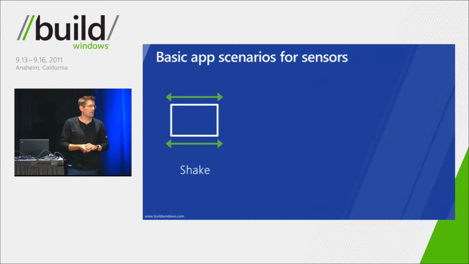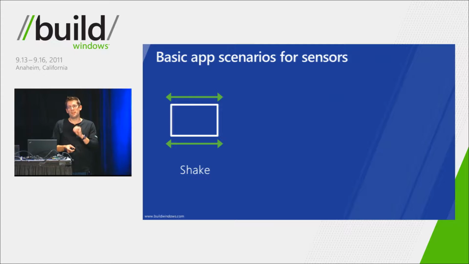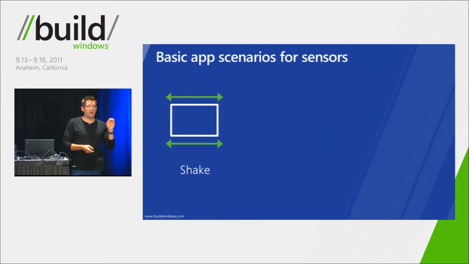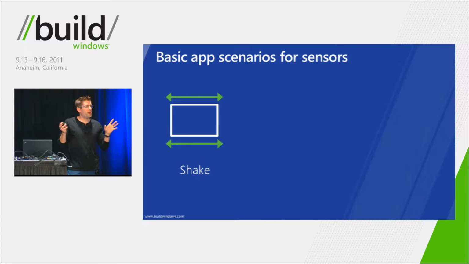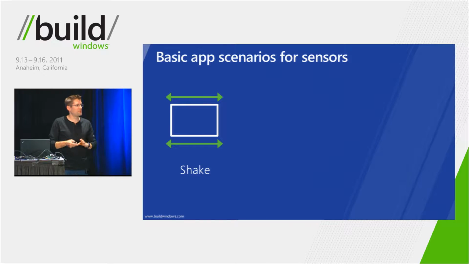The first one is shake. So the accelerometer object in the Windows Runtime supports this method called onShaken. Not a method, it's actually an event. And your application can very easily tie an action, which is the user shaking the device, to a specific reaction, which is whatever your app wants to do in reaction to that shake gesture.